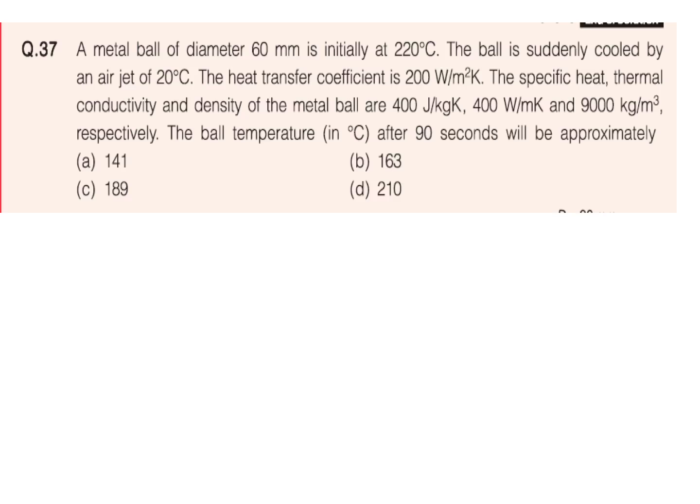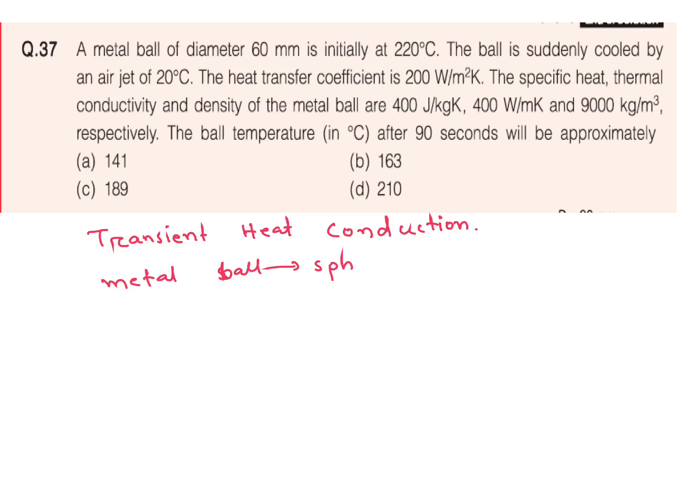Transient heat conduction, and the metal ball is of spherical shape. Data given: diameter D is 60 mm, so radius R is 30 mm. Initially at 220 degrees Celsius, so Ti is 220 degrees Celsius. T infinity, the air jet temperature, is 20 degrees Celsius.